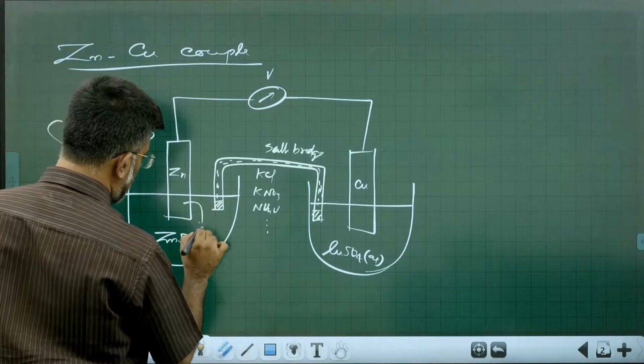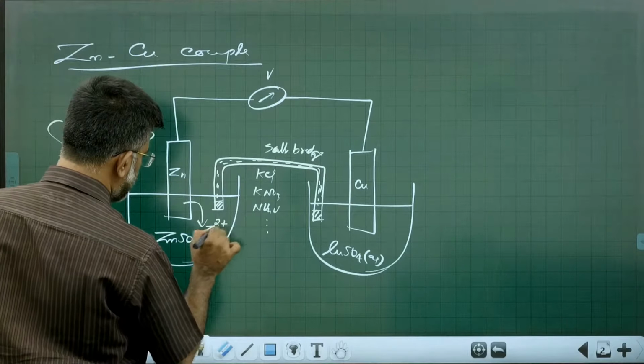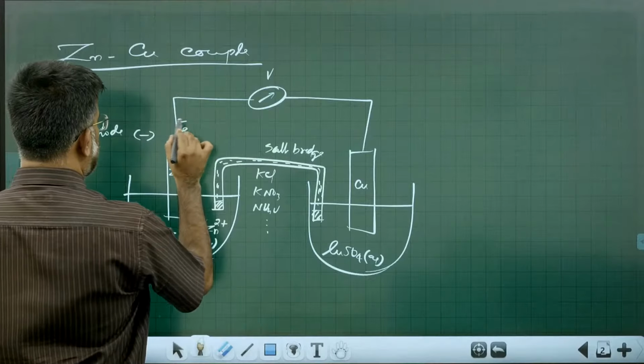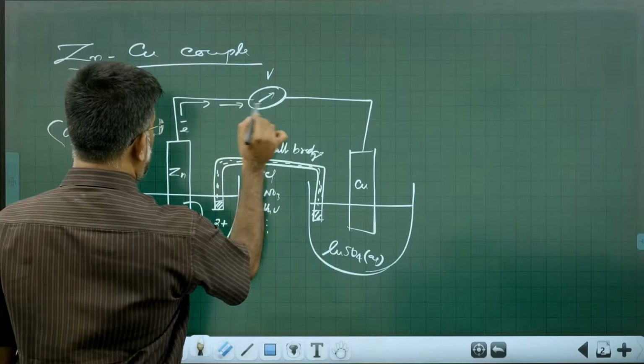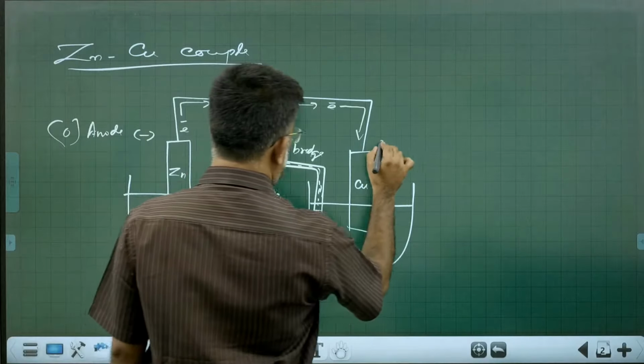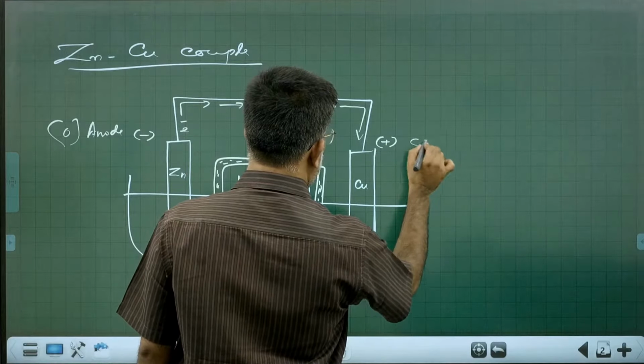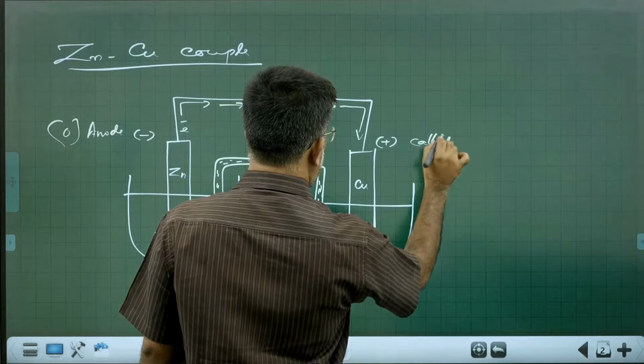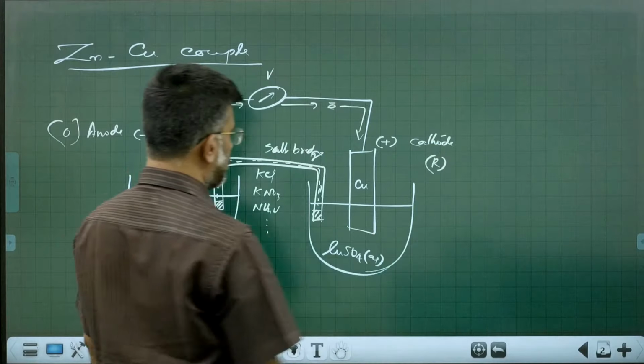Zinc dissolves into the solution as Zn2+, and the released electrons travel through the external circuit and reach the cathode, which is a positive plate, where reduction is taking place.